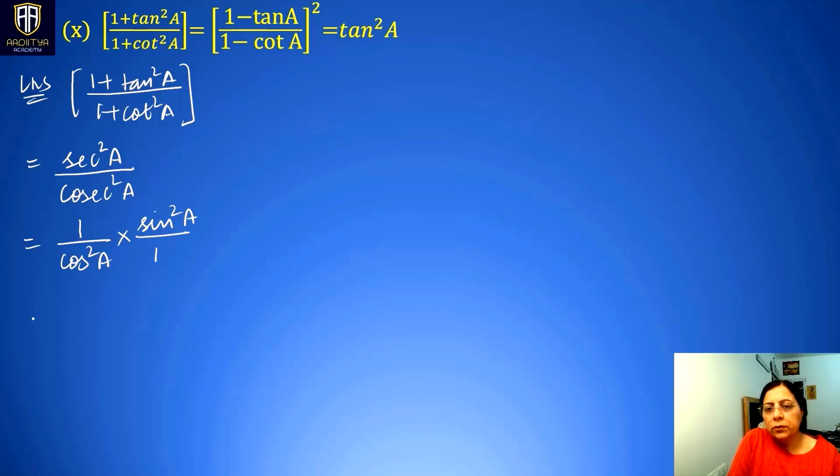So this is equal to sine square A upon cos square A, which is tan square A. So we can see that the first part we have already proved.